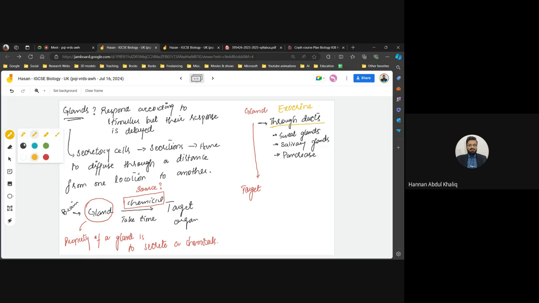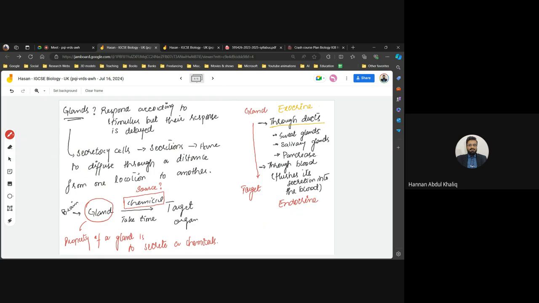Then comes another system that transfers its secretion through blood. It basically means it flushes its secretions into the blood. This kind of system, where a gland releases its secretion into the blood and then that secretion is transported to the target, is called the endocrine system.